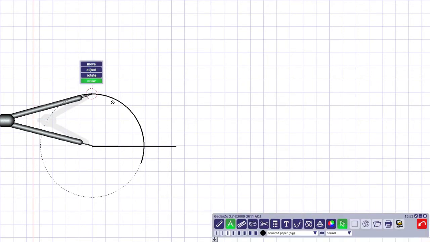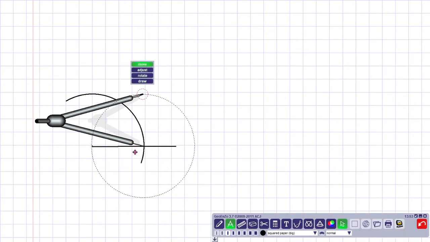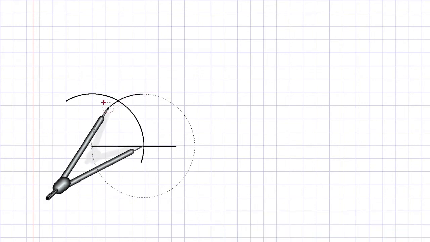Now without changing the radius, that means the distance between the tip of the pencil and the tip of the compass should not be changed when we draw the next arc. So without changing the radius, place the compass here. Now cross the previous arc.